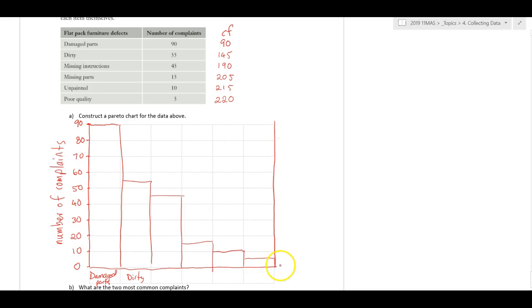So let's make them in 25s, right? I'm just going to make this 0, 25, 50, 75, 100, 125, 150, 175, 200, and 225.